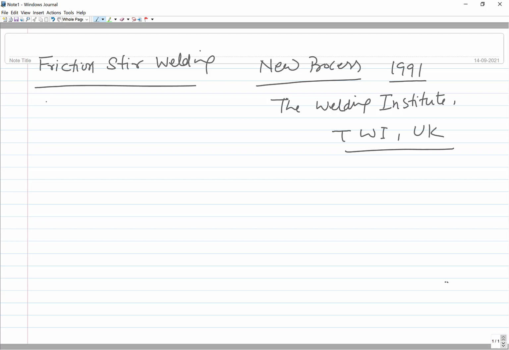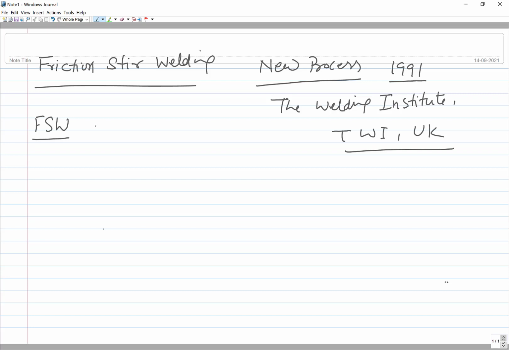So there were a number of positive sides related to this process, and that is why a lot of efforts have been made to develop and characterize the joints for a variety of applications and investigate various aspects. And later on, using this friction stir welding, so many variants have been developed.